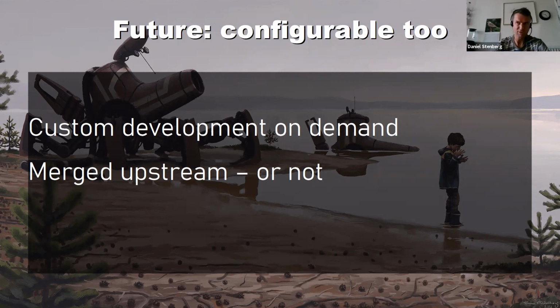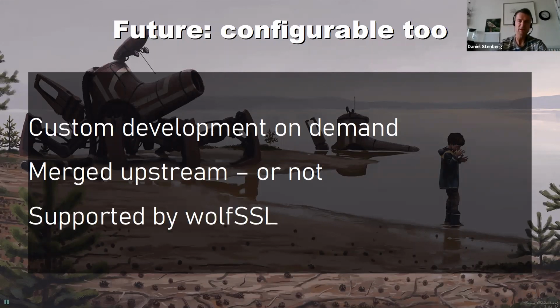Most customers want them to get merged into cURL so that we can continue using the regular cURL going forward. But of course, if you pay for a custom development, we might not have to upstream it if you don't want to. And of course, we support all this at wolfSSL, so just contact us and we will help you figure out exactly what to do and how not to do, and if we can do it or when we can do it.